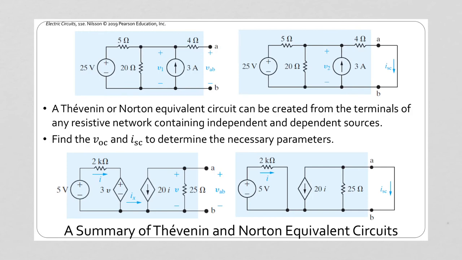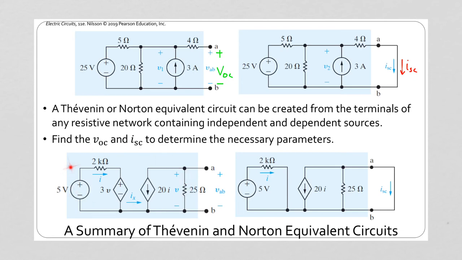To summarize Thévenin and Norton equivalent circuits, you're going to take a more complicated network that's connected to the outside world by two terminals, and we want to reduce that to a Thévenin or Norton equivalent circuit. We can do that by finding the open circuit voltage and the short circuit current, and we can use those values to find the Thévenin voltage or the Norton current and whatever resistance we have for our circuit.